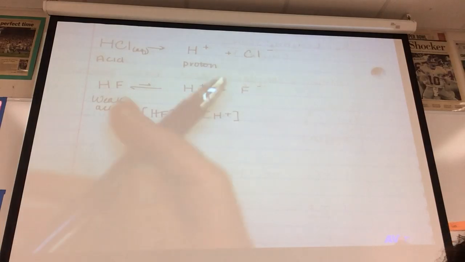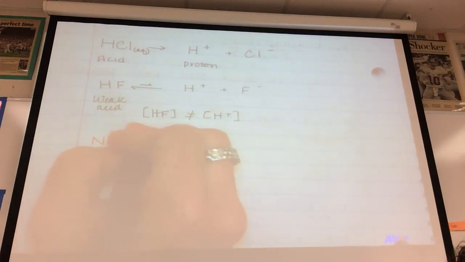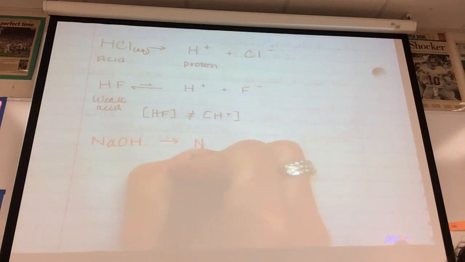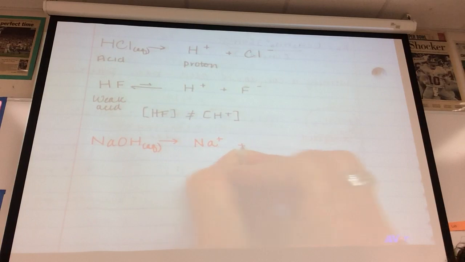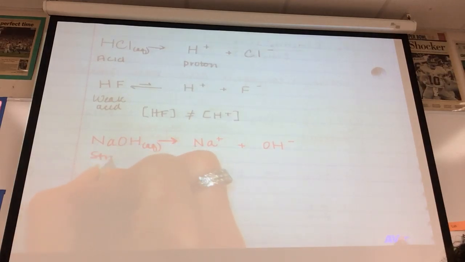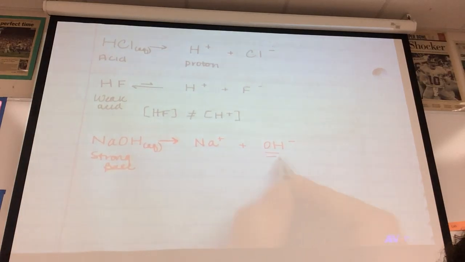A strong base, such as sodium hydroxide, does ionize completely, and when dissolved in water, generates hydroxide ion. Again, this reaction's only going in the forward direction. This is a strong base. An Arrhenius base generates hydroxide ion.